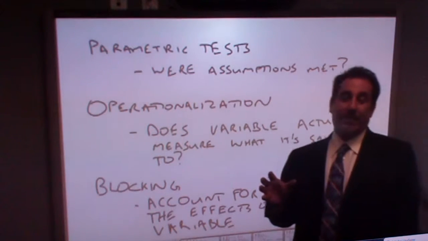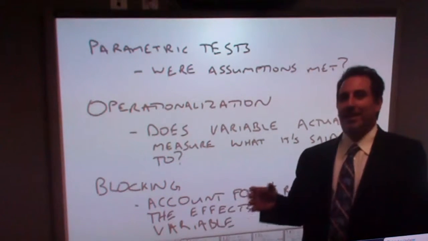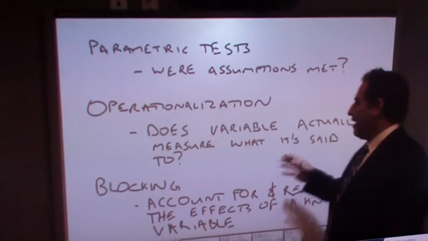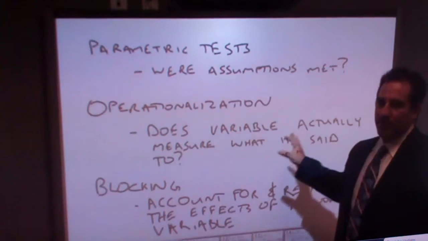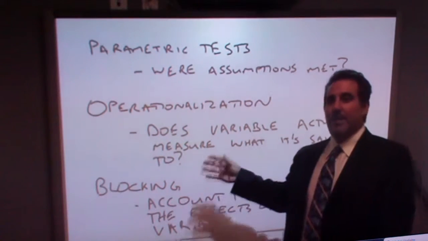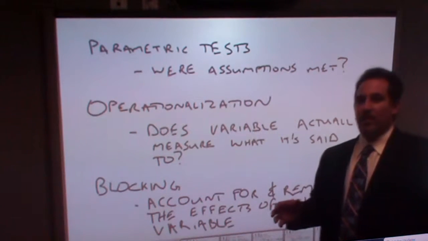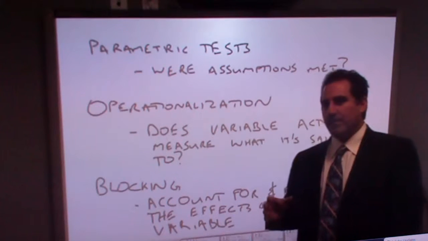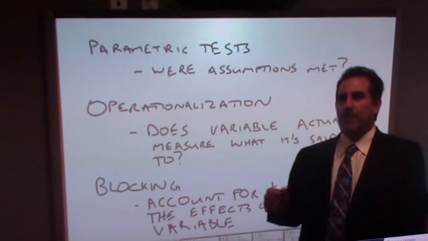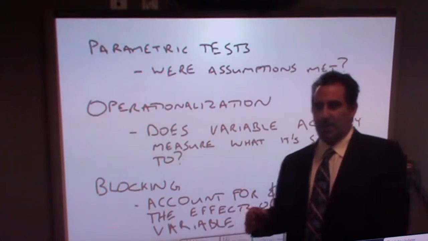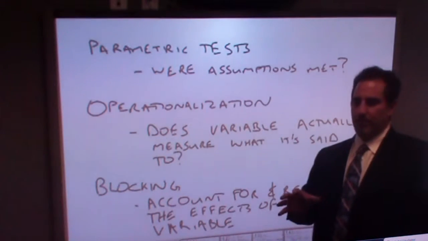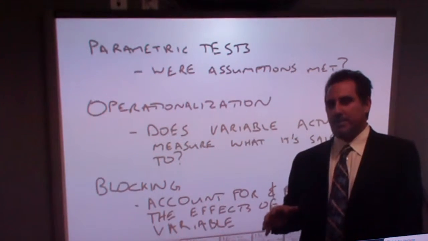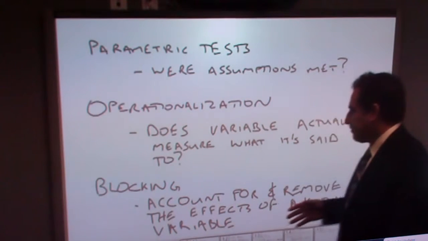That's not good operationalization of the underlying latent variable, we call it, the underlying construct. So this is something that you have to really look at the research and ask yourself, did they properly operationalize the issues that they were trying to research?